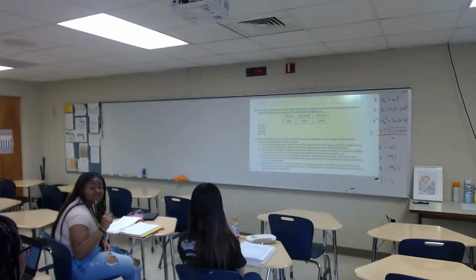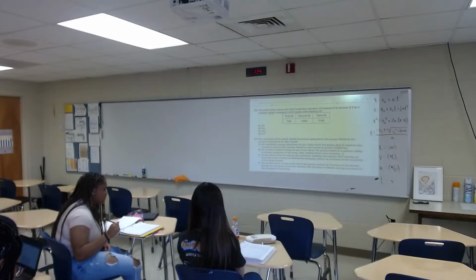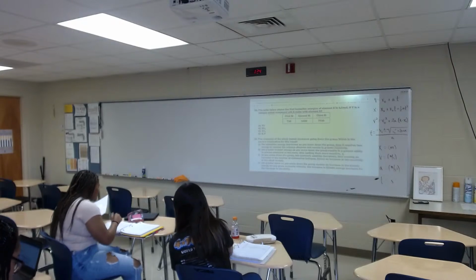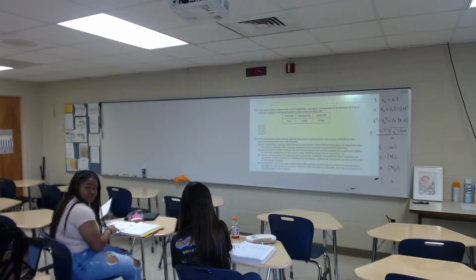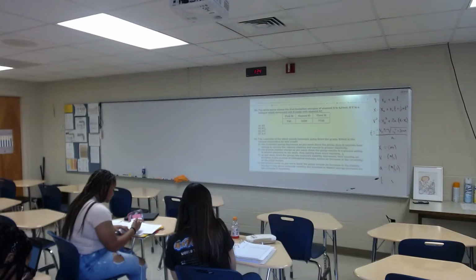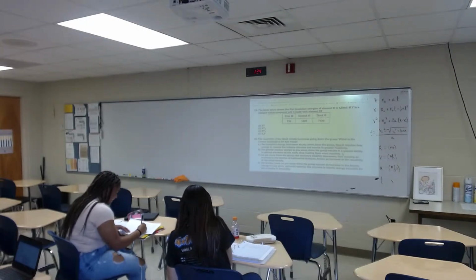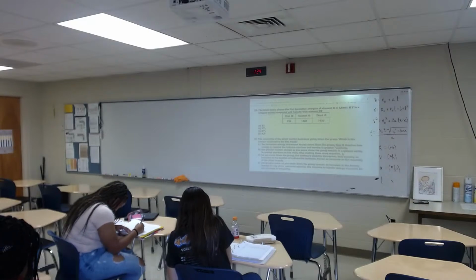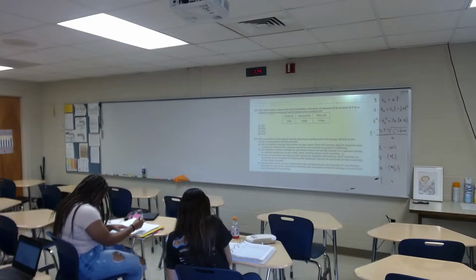What is a halogen? 17th group. Okay, take your periodic table and write this down. The first group, group number 1, is called the alkali metals.